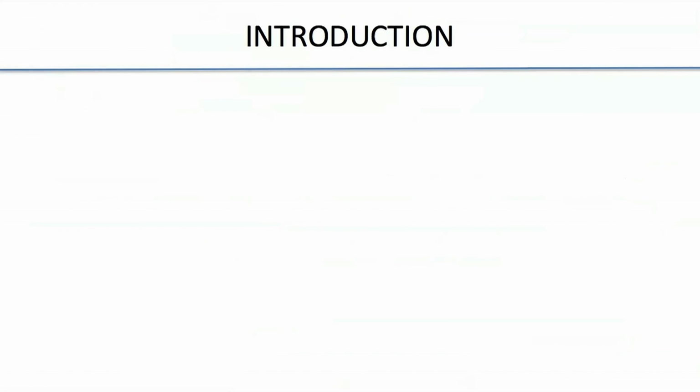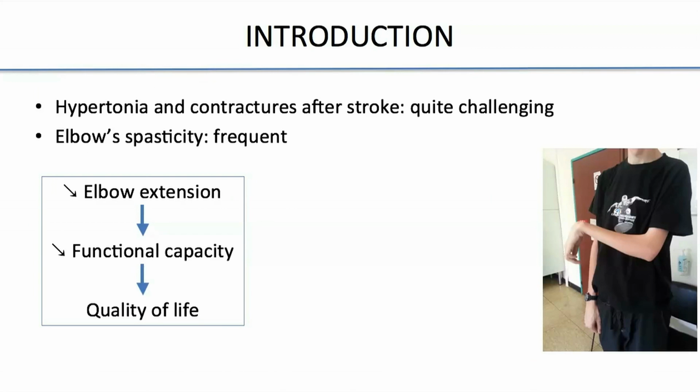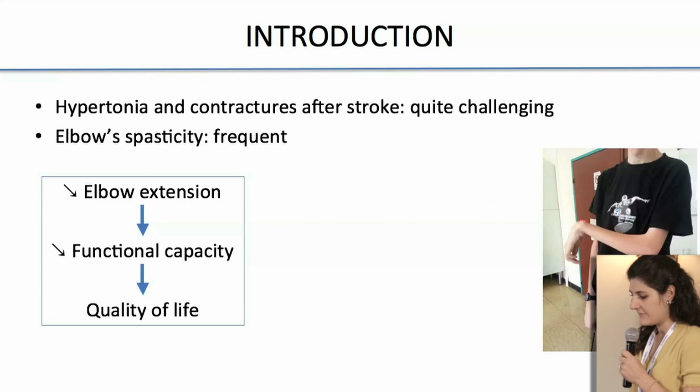So first, you know that it's sometimes hard to differentiate hypertonia and contractures after stroke. It can be quite challenging, and elbow spasticity is pretty frequent. It decreases elbow extension, which leads to a decrease of functional capacity, and at last it impacts quality of life.